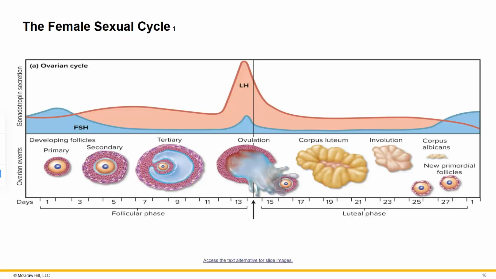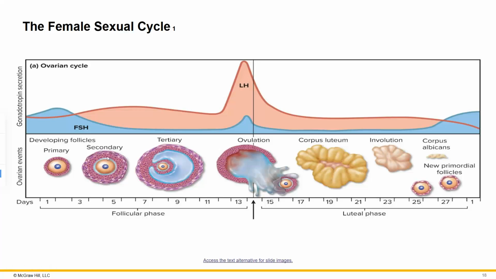So about 20 to 25 of these are stimulated, but one of them is going to start sequestering the follicle stimulating hormone. So we decrease follicle stimulating hormone secretion, and one of these is really going to start absorbing it from the environment and self-perpetuating this growth.